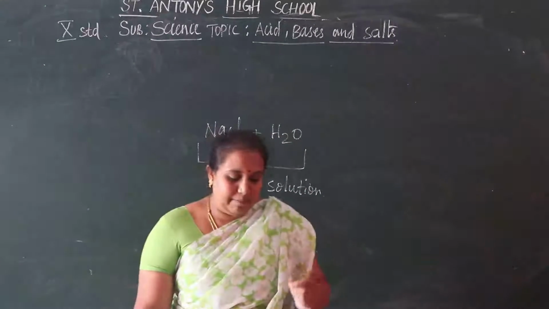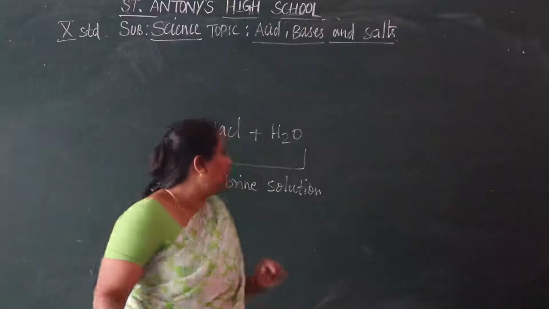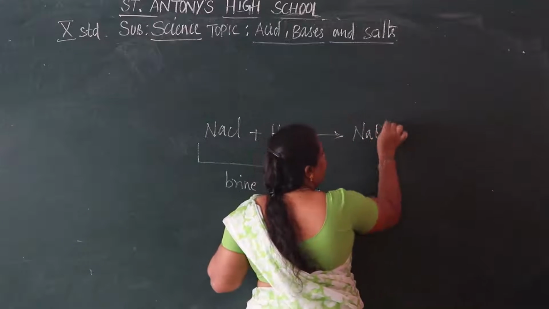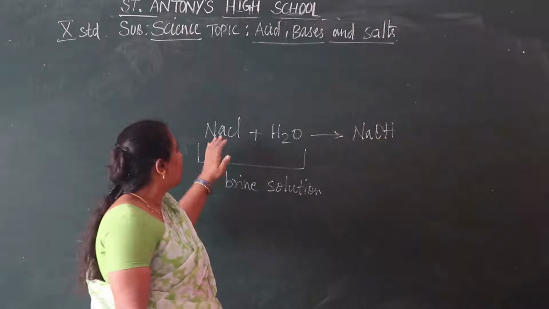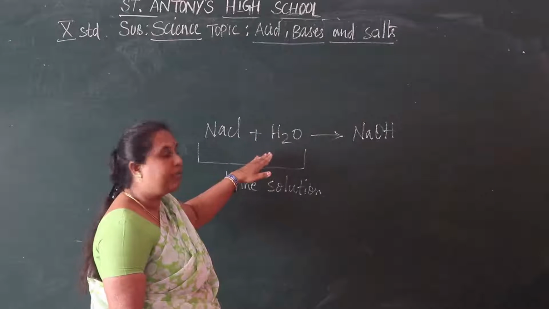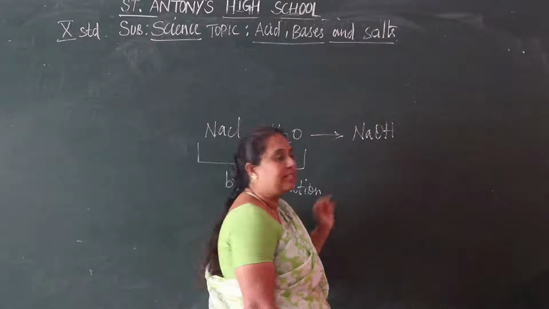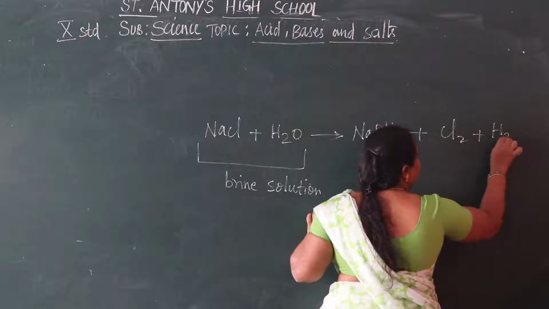From the brine solution, we get sodium hydroxide, which is a strong base. From that brine solution, we are getting sodium hydroxide plus chlorine plus hydrogen gas.